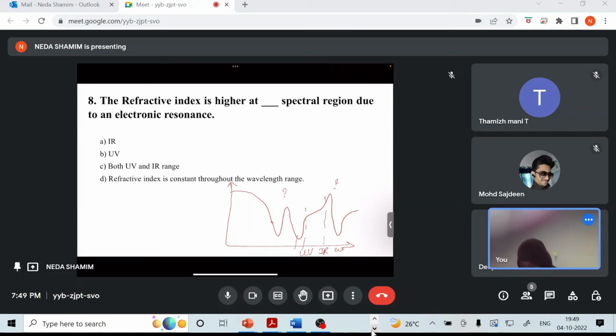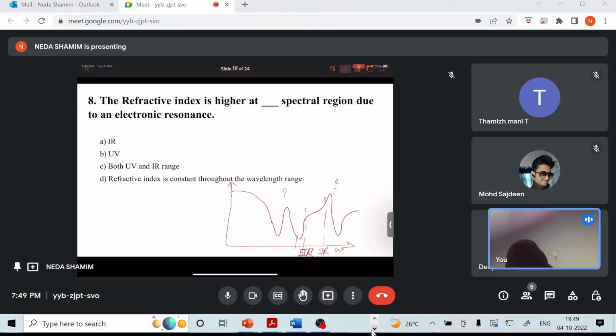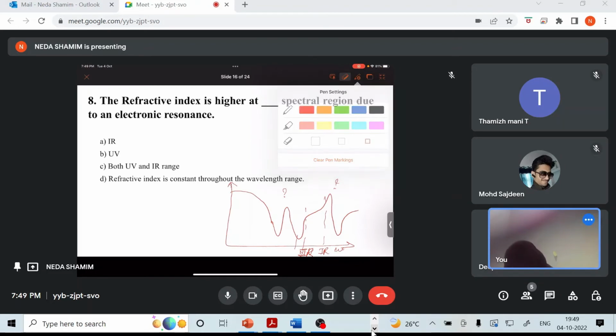What is the answer? Sorry, this is frequency now, right? You're right, Deep. This is IR and this is UV. Refractive index is higher at dash spectral region due to electronic resonance.